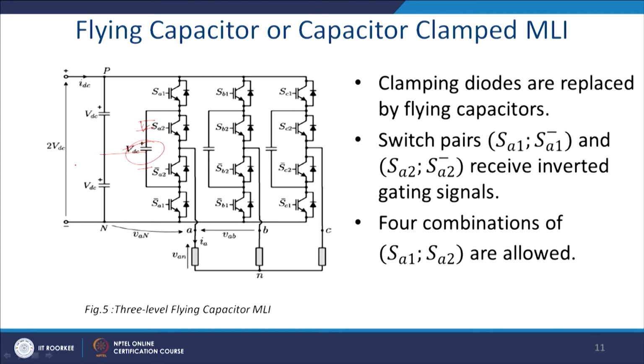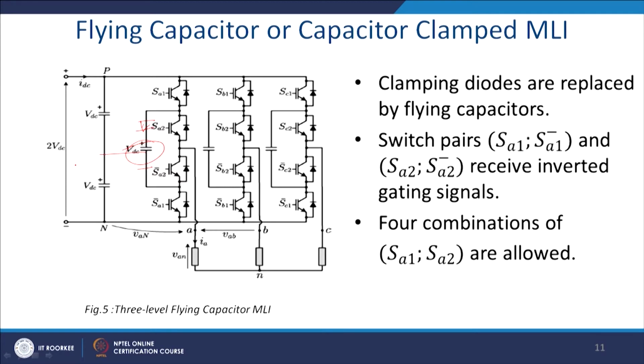You have the least component count, while the number of diodes goes abysmally high in the diode clamp multi-level inverter if you go for more than 5 or 6 levels.